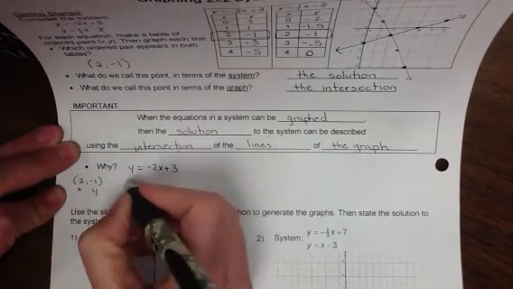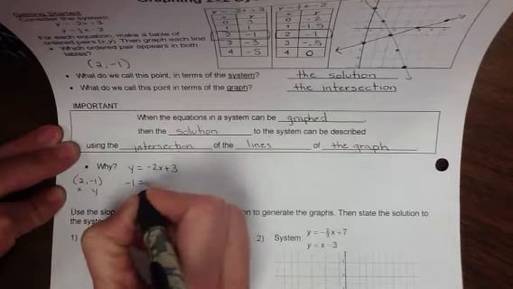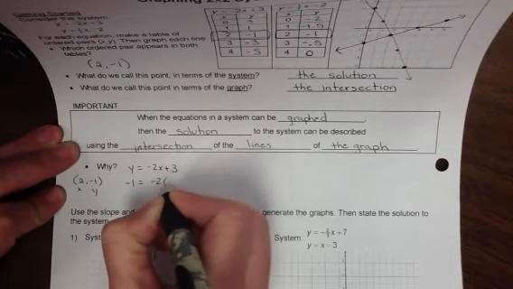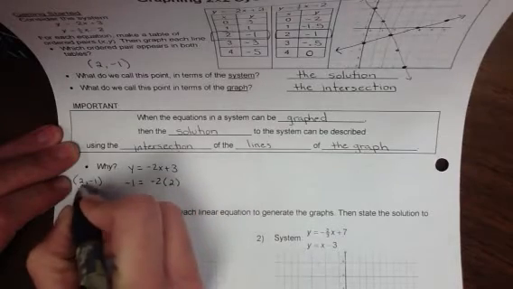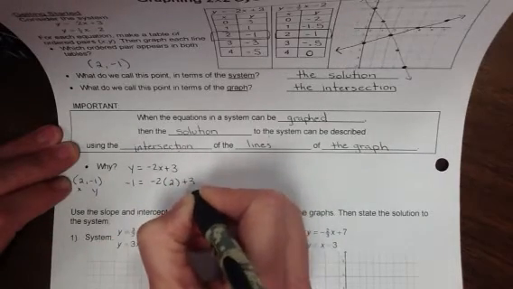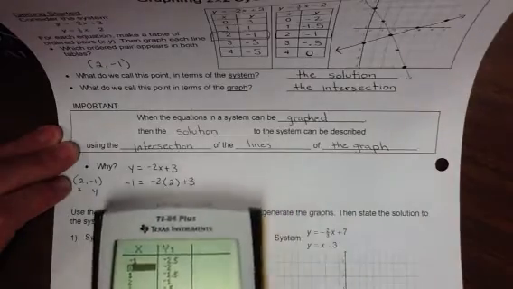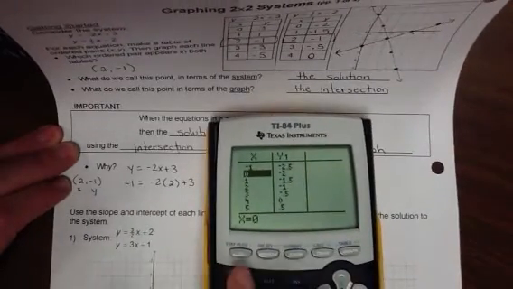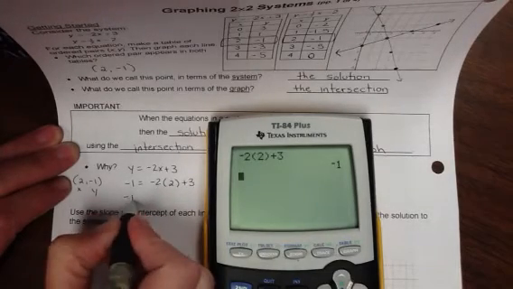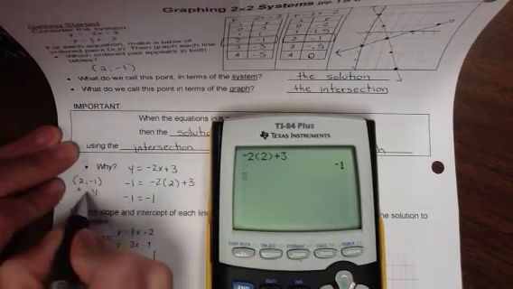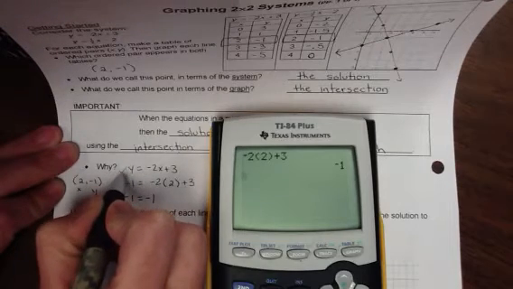So if I plug in negative 1 equals negative 2 times x, which is 2 from over here, plus 3, and then I put that in my calculator, we would say negative 2 times 2 plus 3, and it equals negative 1. So I get negative 1 equals negative 1. The solution works for this equation.